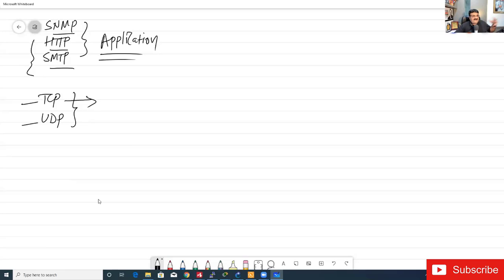And sometimes I have an emergency situation and I don't want any reliability, I want to reach as soon as possible. So some protocols require speed, low latency communication, and this type of protocol uses UDP. HTTP is using TCP, SMTP is using TCP, but SNMP is using UDP.